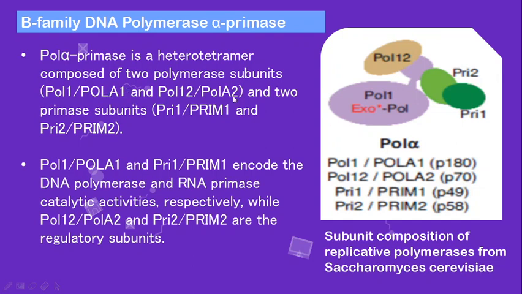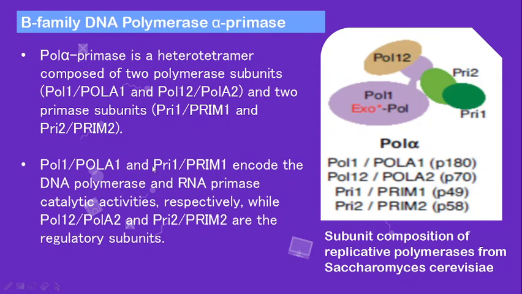In mammalian eukaryotic DNA polymerase alpha these are POLA1 and POLA2. In yeast cells you can find POL1 and POL12 and 2 primase subunits, PRI1 and PRI2. These are the heterotetrameric subunits of the polymerase alpha primase enzyme.